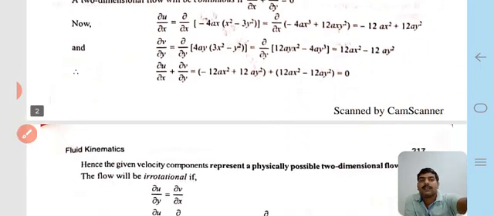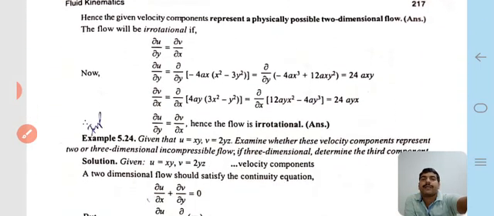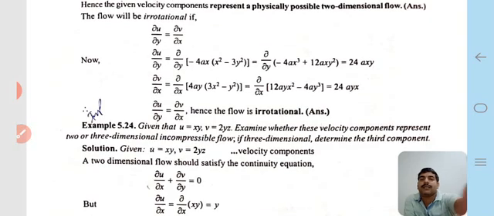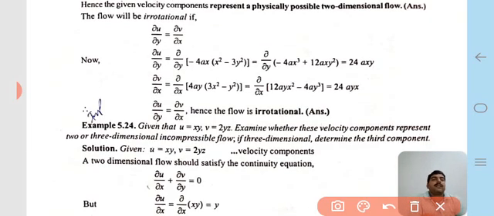Hence the given velocity components represent a physically possible two-dimensional flow. Therefore, we can say the given type of flow is a two-dimensional flow.